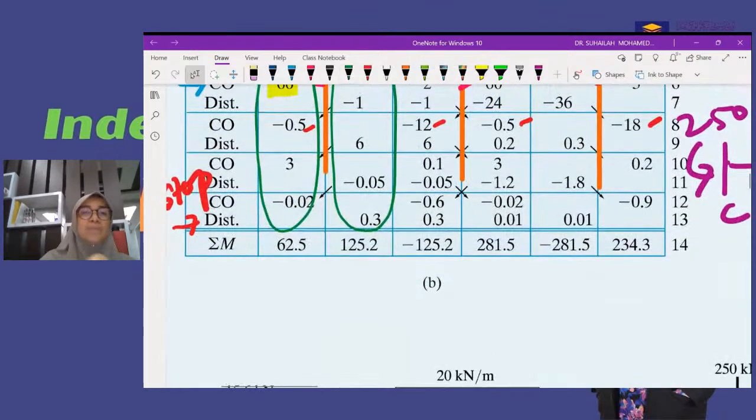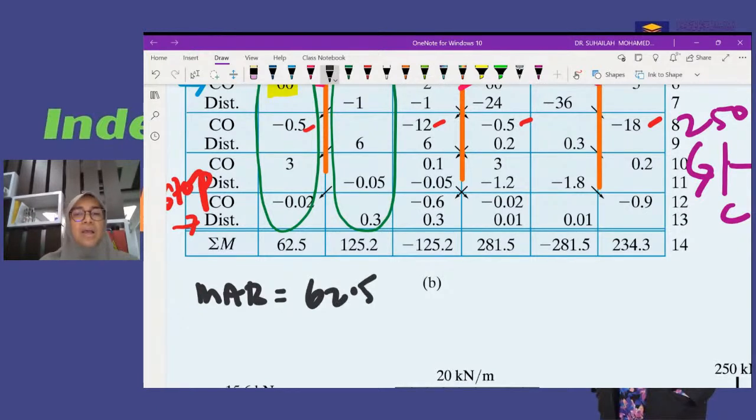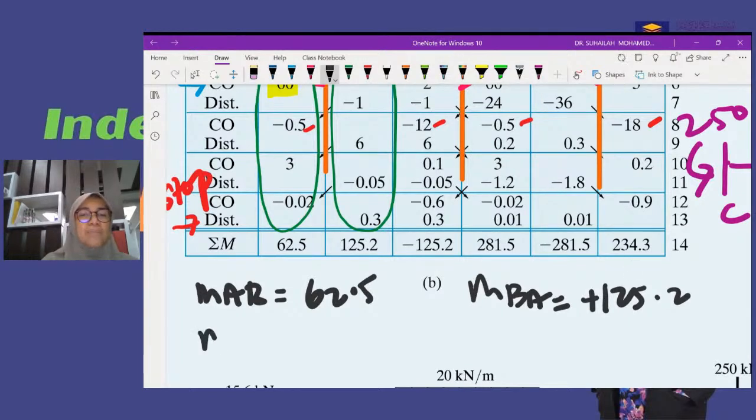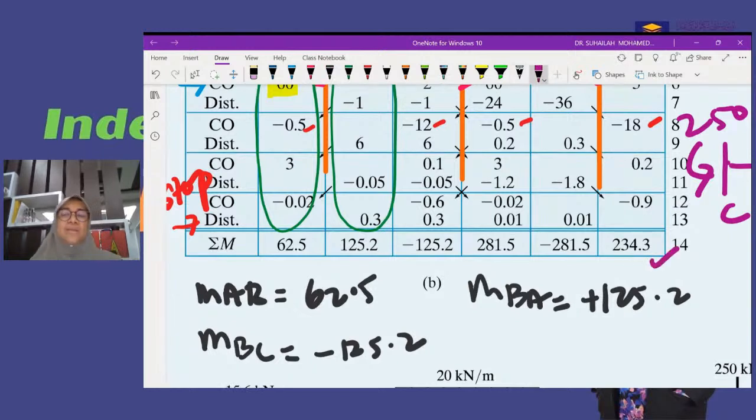So this is MAB. We get MAB equal to 62.5, and then MBA is positive 125.2. And then we get MBC equal to negative 125.2 until the end.